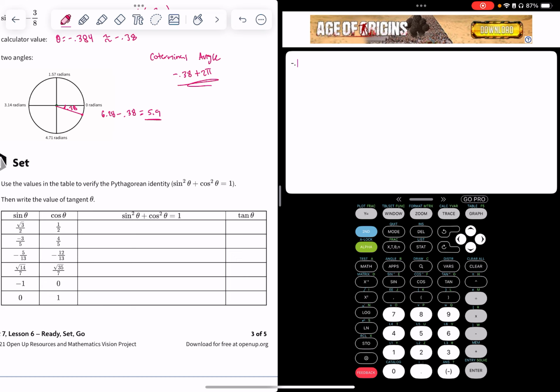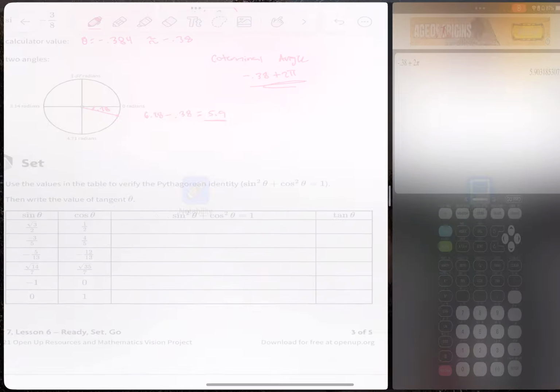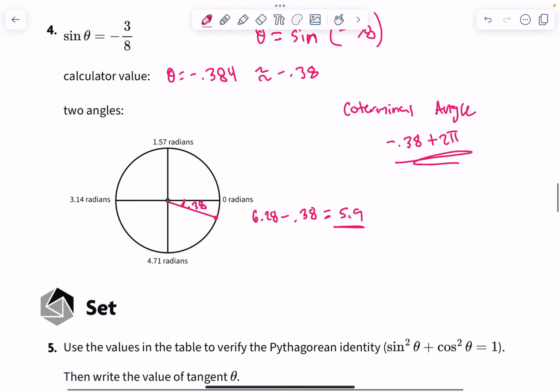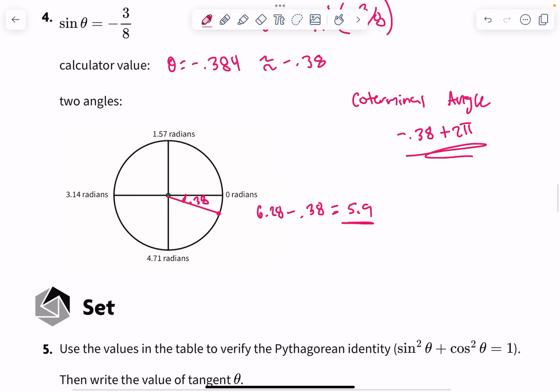So then I get negative 0.38 plus 2 pi is 5.90, right? So I get the same answer there. That's 5.9. And then there's one location here, so my other location is somewhere there. Now, how do I find that location?